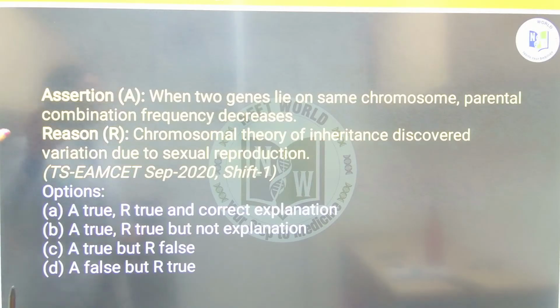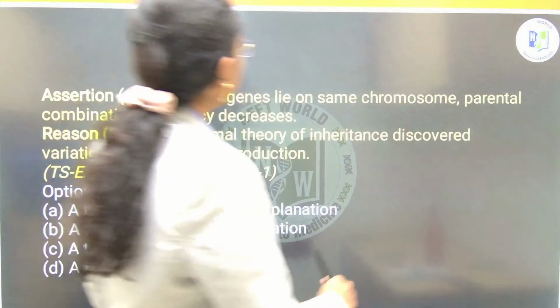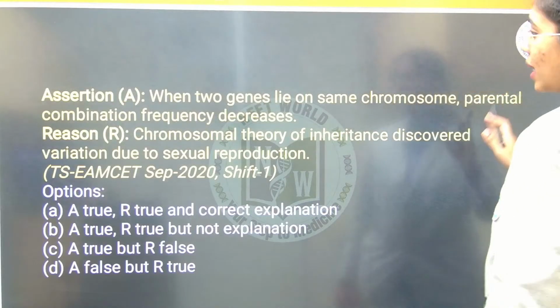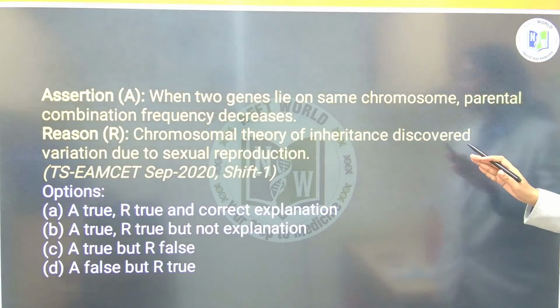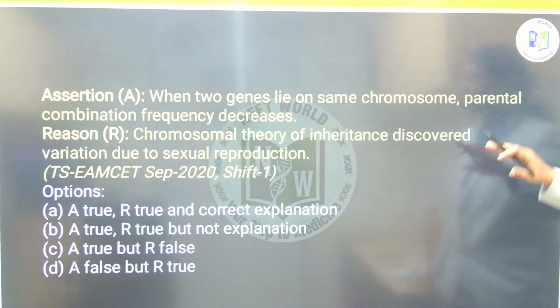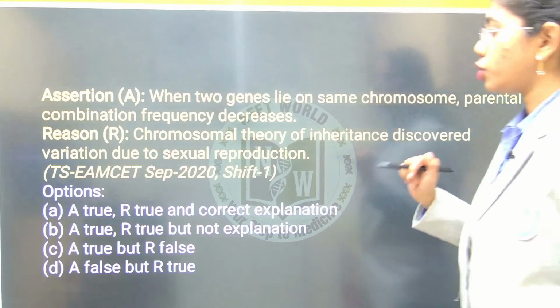When two genes lie on the same chromosomes, parental combination frequency will decrease. That is the assertion. In reason, chromosomal theory of inheritance discovered variation due to sexual reproduction.